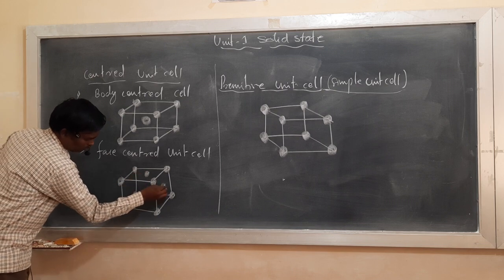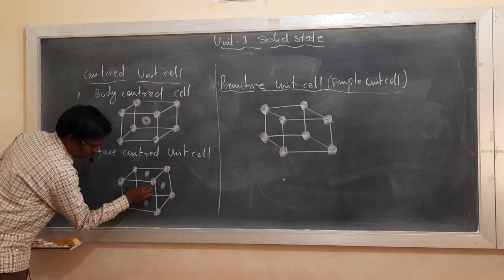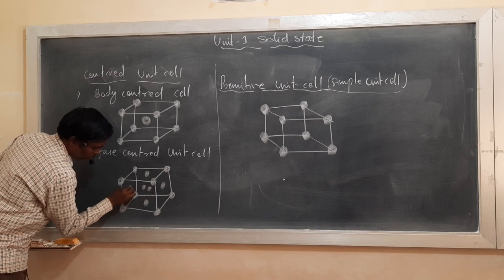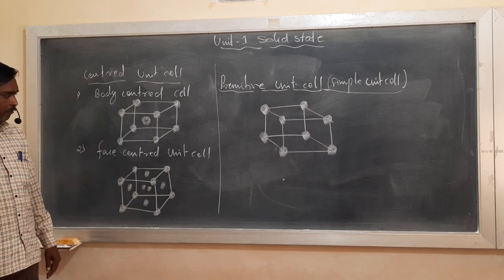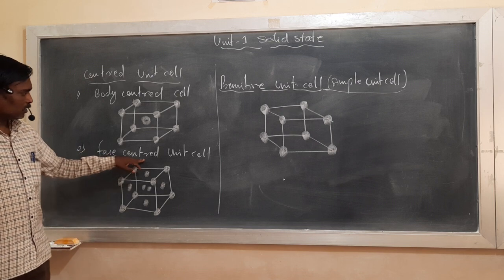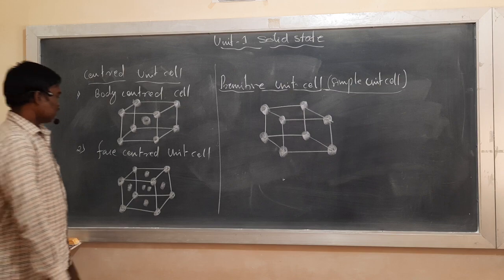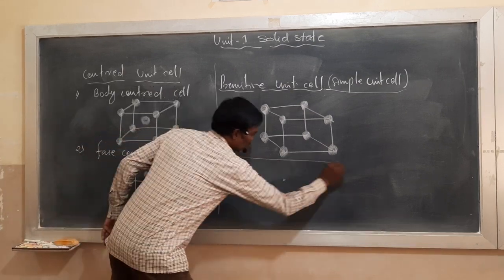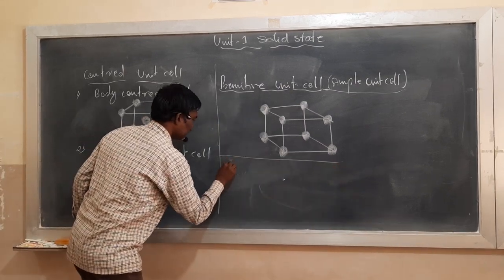There are 6 faces in a cube. Therefore, there are 6 face-centered particles present in a face-centered unit cell. And next, another one is the end-centered unit cell.